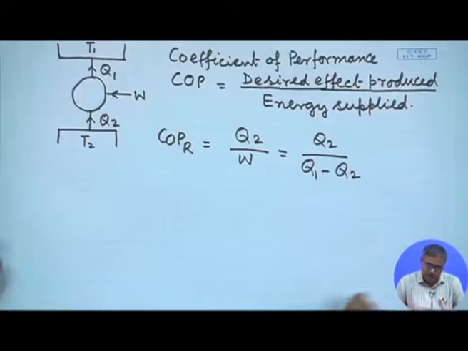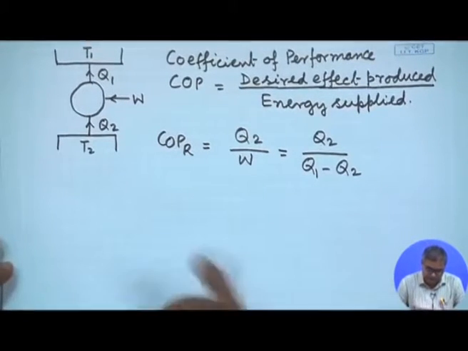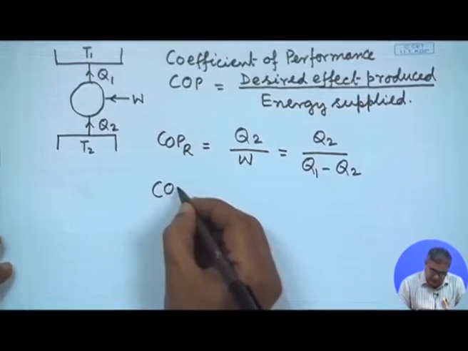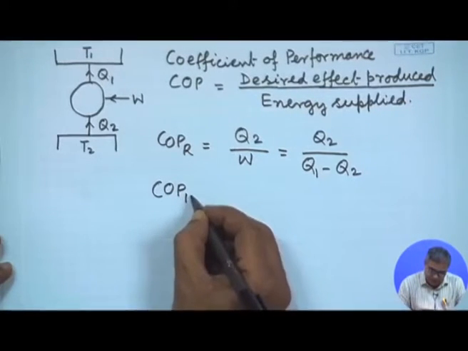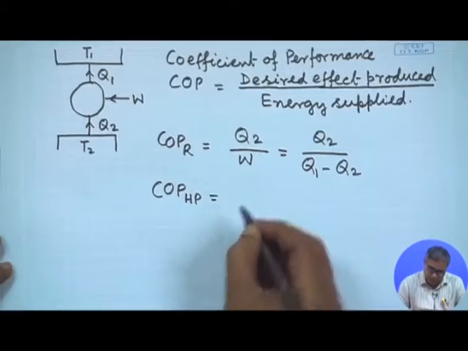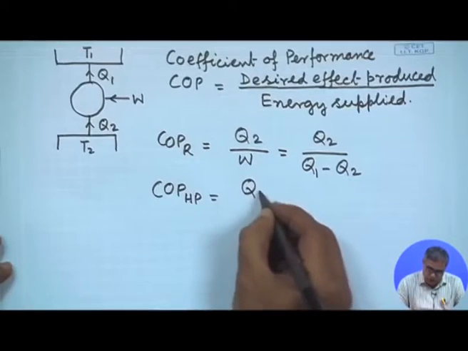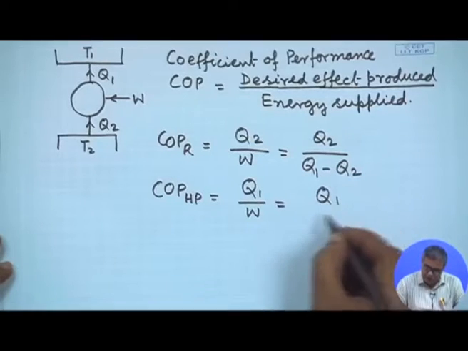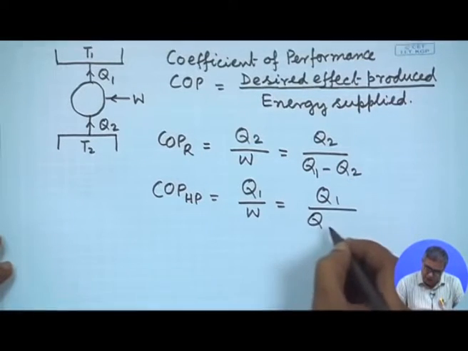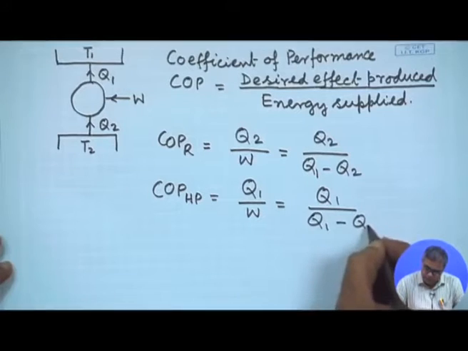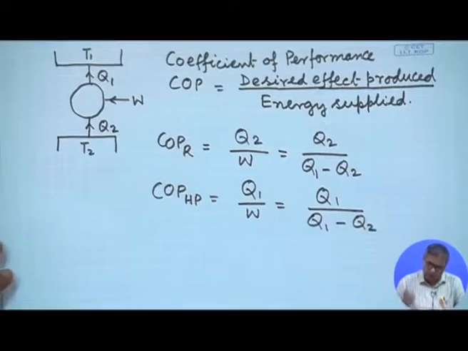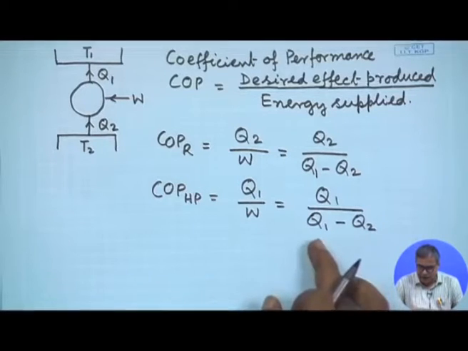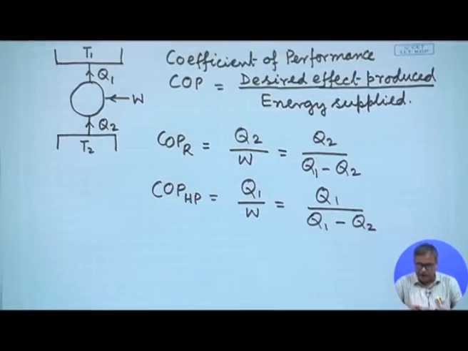So, this will be the COP of a refrigerator, equal to Q2 divided by Q1 minus Q2. In similar fashion, we can get the COP of a heat pump. That will be Q1 by W, which is equal to Q1 divided by Q1 minus Q2.